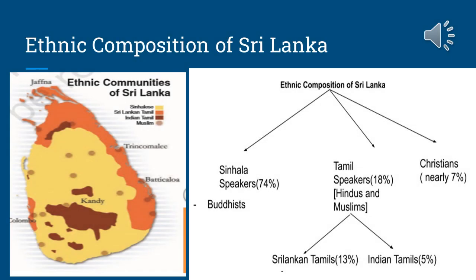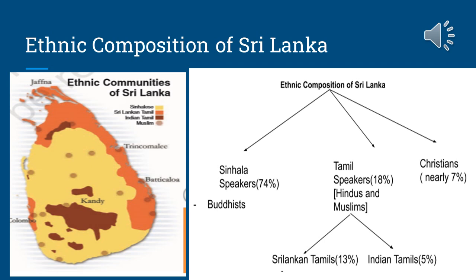Now let's discuss the ethnic composition of Sri Lanka. If we see the ethnic composition of Sri Lanka, the ethnic division is in 3 categories. The first one is Sinhala speakers, and they constitute 74% of the total population.